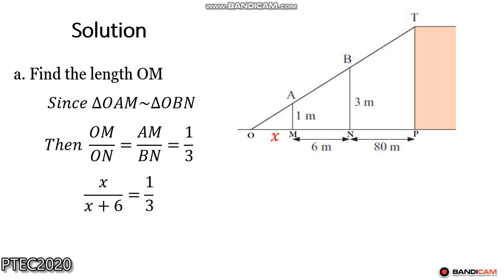in proportion, when you see that two fractions are equal, it means that the outer product is equal to the inner product. So where is the outer? The outer is x and 3, and the inner product is 8 plus 6 and 1.